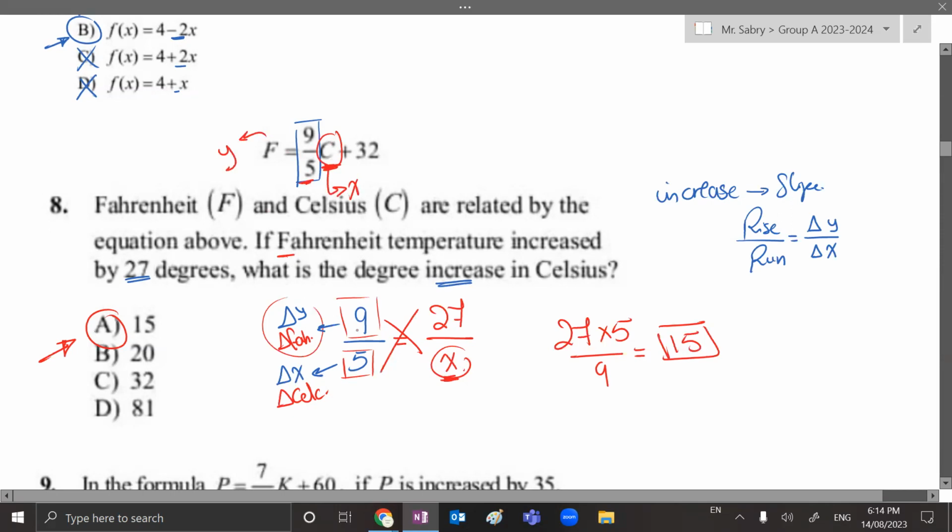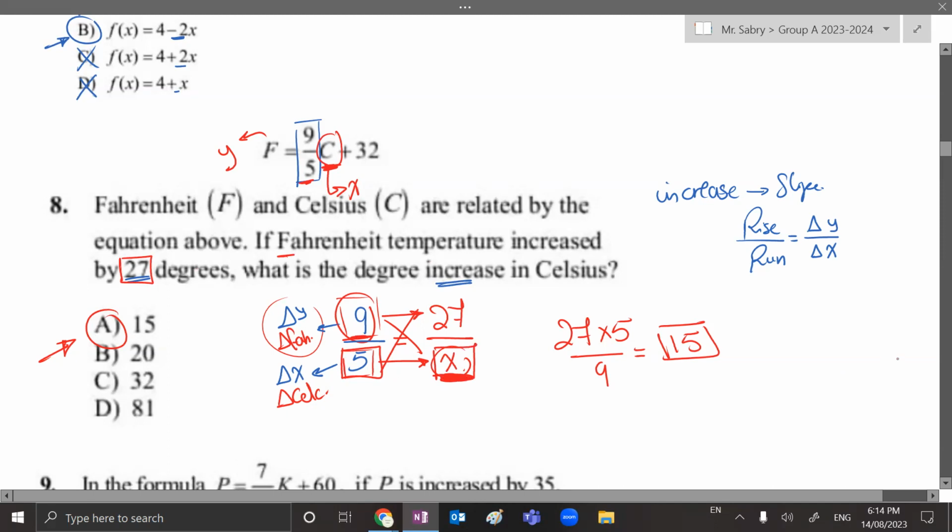Therefore عرفت إن اللي فوق ده بتاع الـ Fahrenheit، عشان كده حطيت الـ 27 فوق مع الـ Fahrenheit، وعرفت إن اللي تحت ده بتاع الـ Celsius، عشان كده حطيت الـ x اللي هي الـ unknown مع الـ Celsius وعملت cross multiplication and I got the answer.